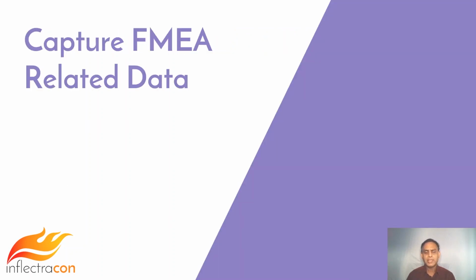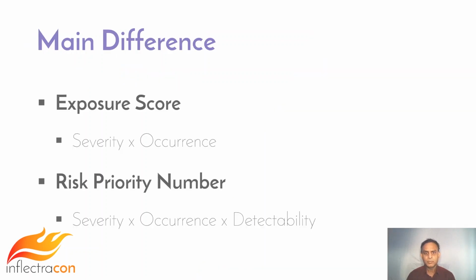What type of data does FMEA need? Fundamentally, when you look at the difference between FMEA and other risk management approaches, the one main difference is how risk is computed. Generally, approaches to risk management compute the risk exposure score. This is the product of severity and occurrence.